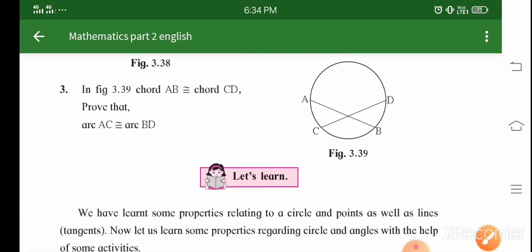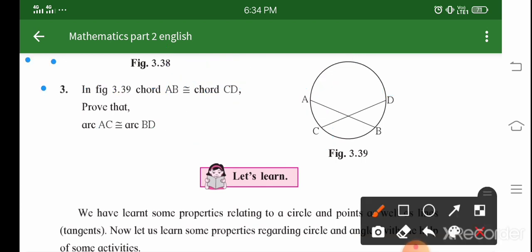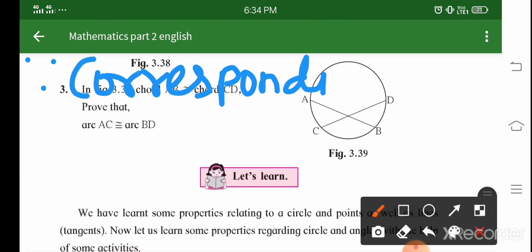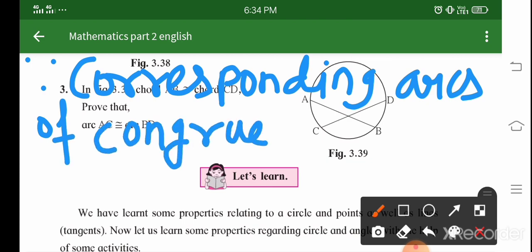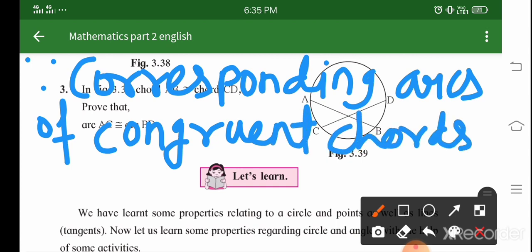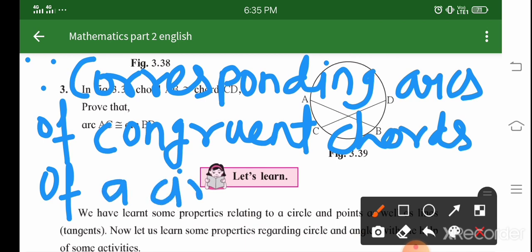Now in the next step write: since corresponding arcs of congruent chords of a circle are congruent.